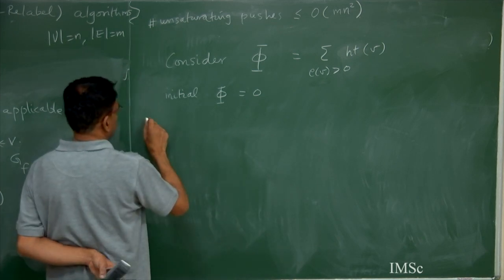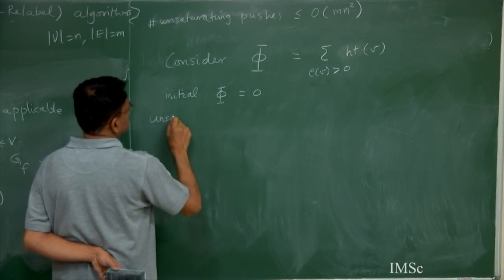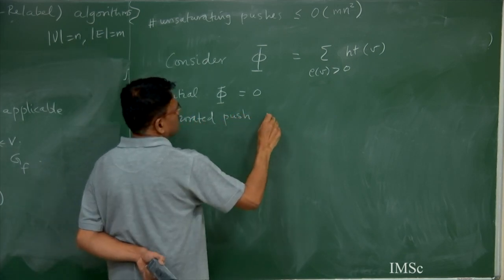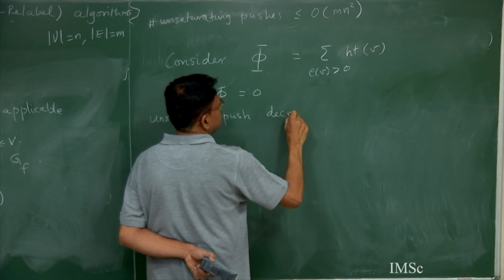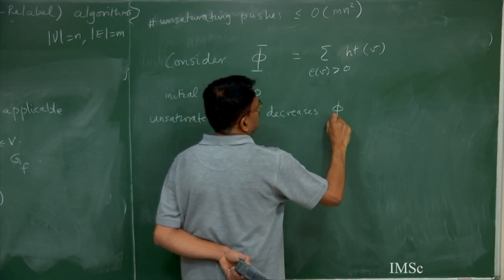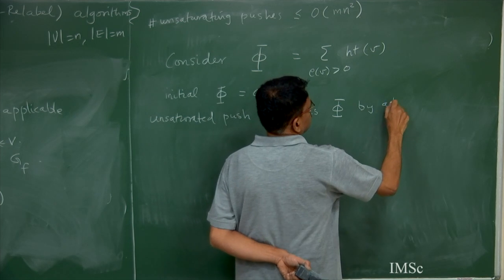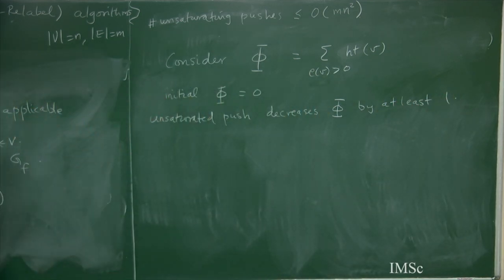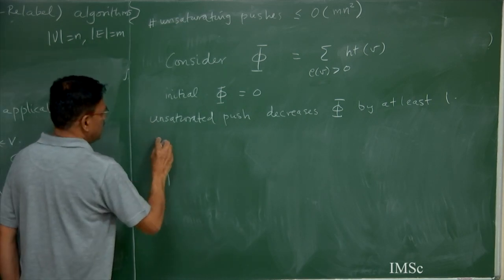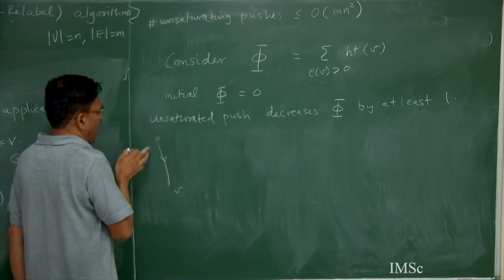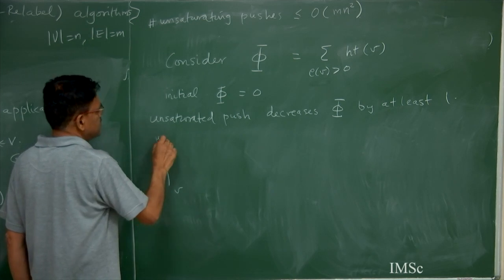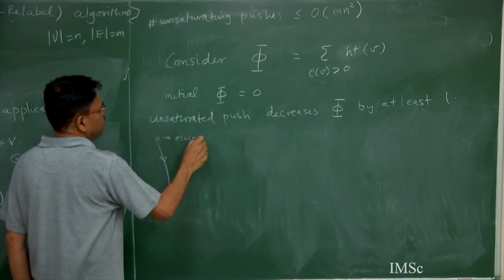What happens to an unsaturated push? I claim it decreases phi by at least 1. Why? Because an unsaturated push is unsaturated since I don't have enough excess, so I pushed whatever I could from my excess. So this vertex's excess becomes 0.